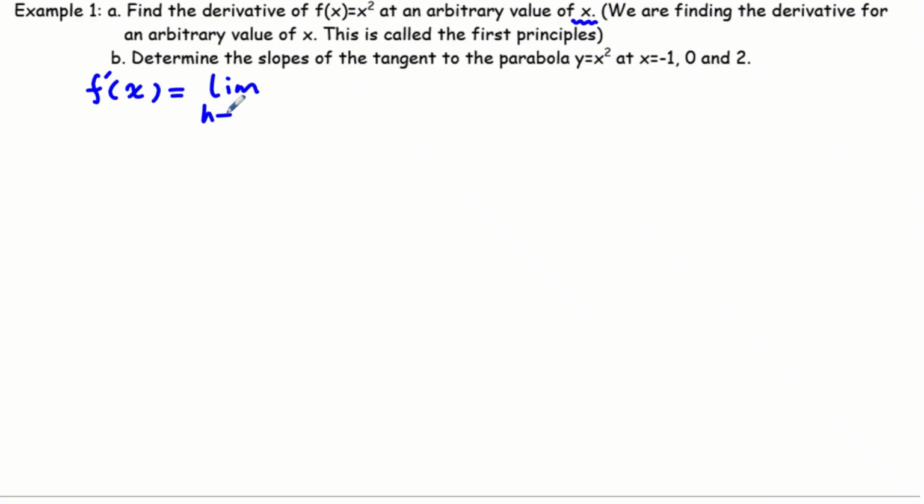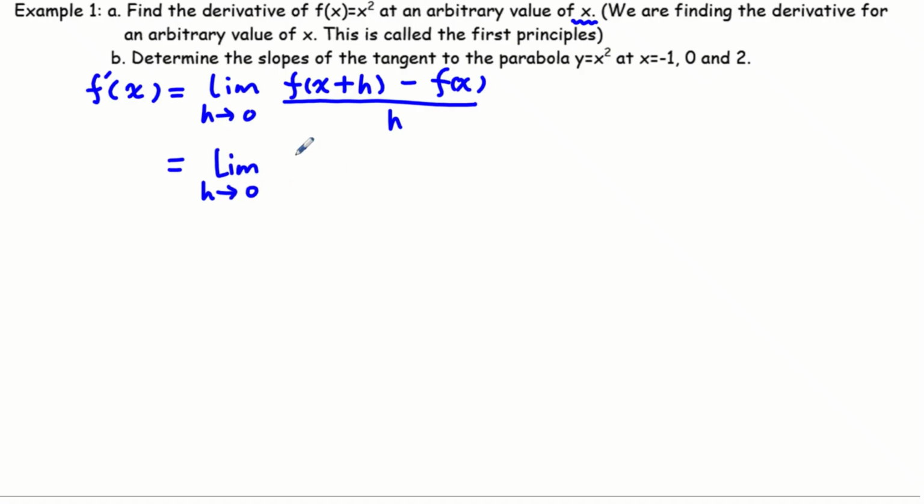So when h approaches 0, f at x plus h minus f at x over the 2 x values' difference, which is h. Then we substitute x plus h into x squared. So we have the limit as h approaches 0 of x plus h, squared, minus x squared, all over h.